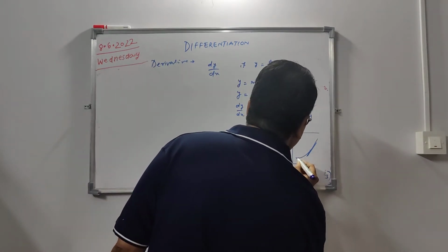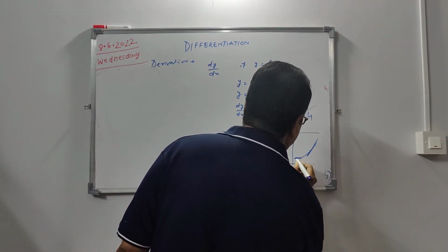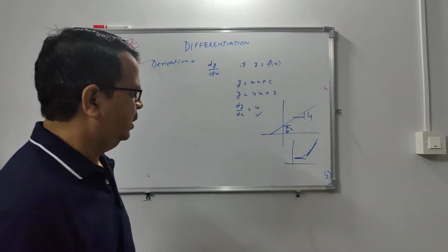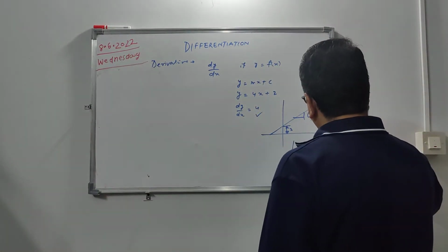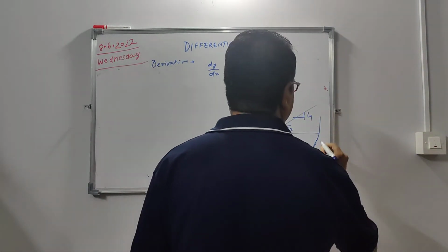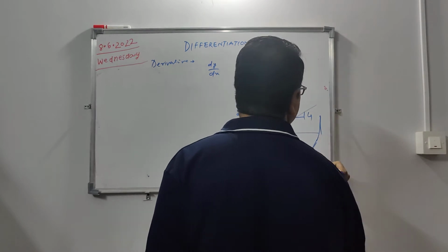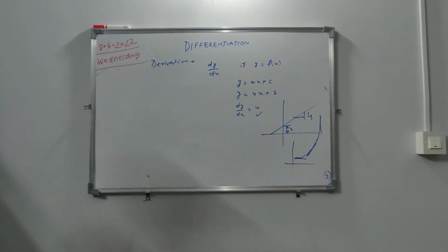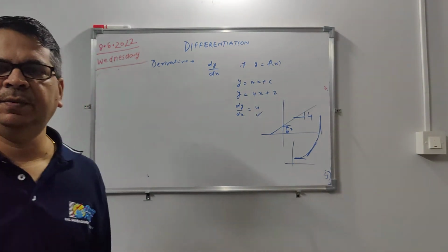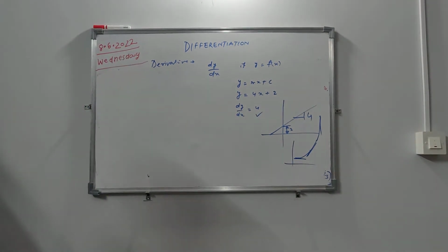Here, when it is almost perfectly horizontal, this is your slope, and then it becomes like this. At some point the slope becomes almost 90 degrees, and when it is 90 degrees the slope is infinite, since it is tan 90. That is the slope of the tangent.